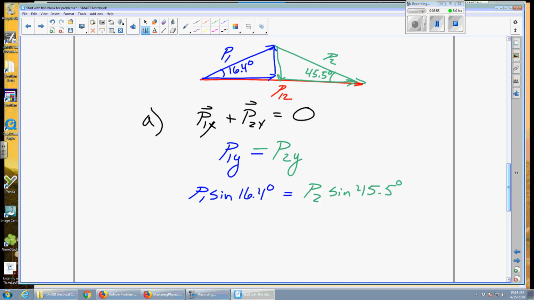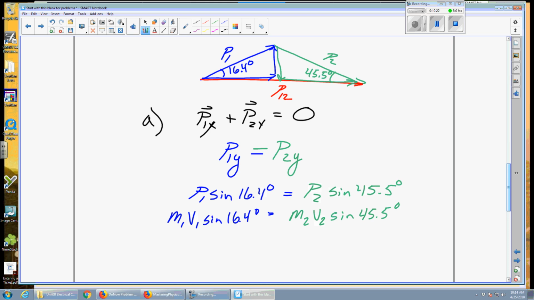And P1 would be mass of 1, speed of 1, mass of 2, speed of 2. Do I know the mass of the first blob of clay? Yes.